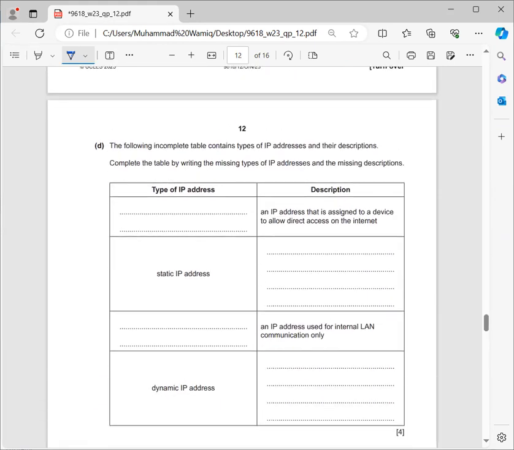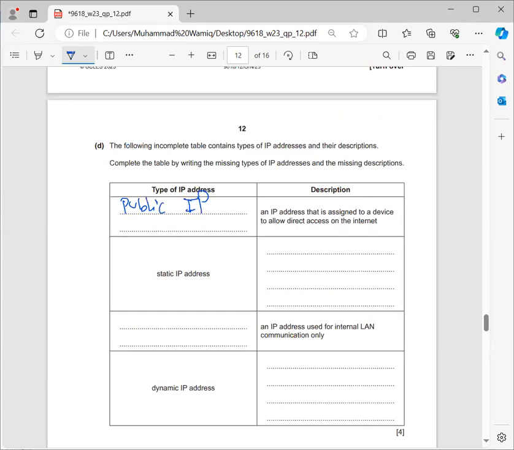After this is the following table, which contains types of IP addresses and their descriptions. Complete the table by writing the missing type of IP address. An IP address that is assigned to a device to allow direct access on the internet is a public IP address.